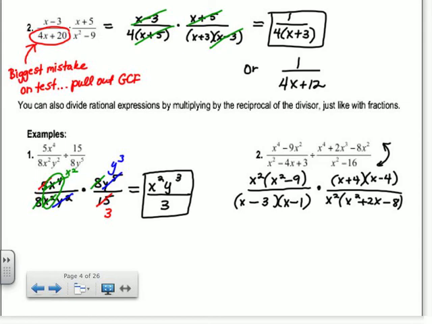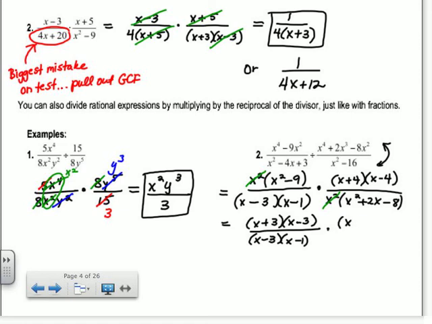Okay, right now it's looking like nothing's really canceling, just the x squareds, that's it. But I noticed that I have x squared minus 9, so that's going to factor, so let's go one more step. So I'm going to factor the x squared minus 9, so I get x plus 3 times x minus 3. Your denominator is still x minus 3 times x minus 1.